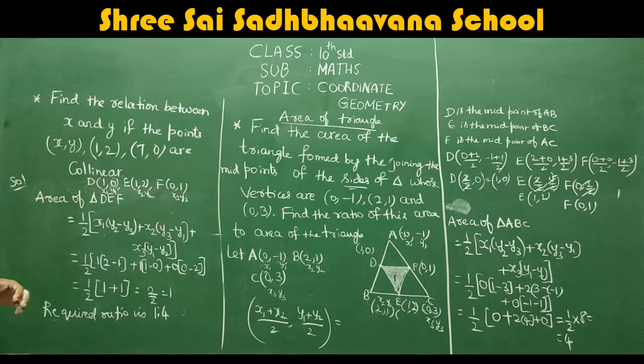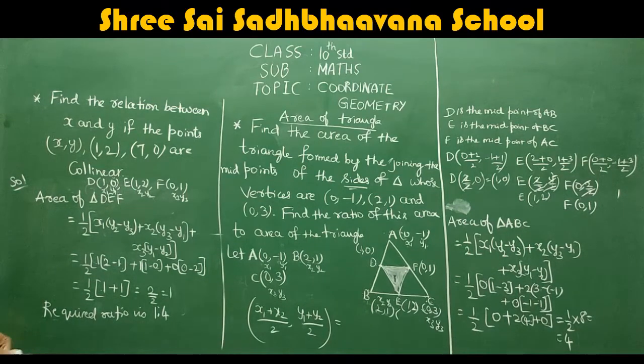So we can conclude that the area of triangle ABC we got is 4 and the area of triangle DEF we got is 1. It means the area of triangle DEF is 1 by 4 times the area of triangle ABC. If you divide an apple into 4 parts, one piece is 1 by 4 part. The whole apple is the area of triangle ABC.